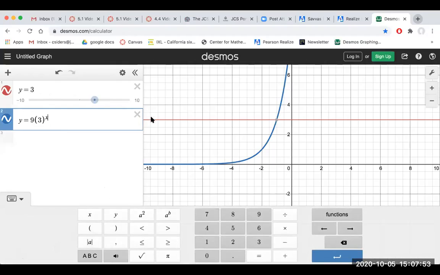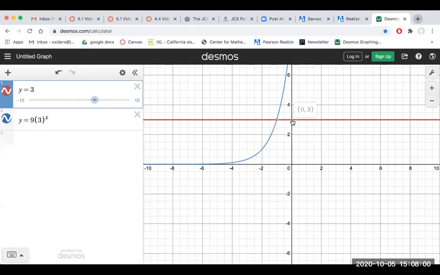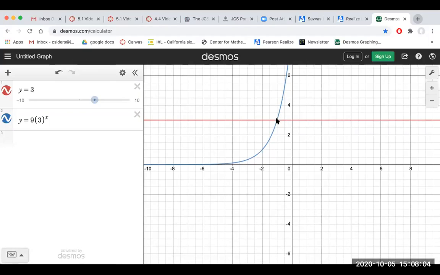And notice that the line y equals 3 is a horizontal line through 3 on the y-axis. But that's not what we're looking for. We're looking for the point of intersection. The blue one is your exponential graph. It's curved and it goes straight up. It grows pretty fast. So the x is -1. You want the x value, right?